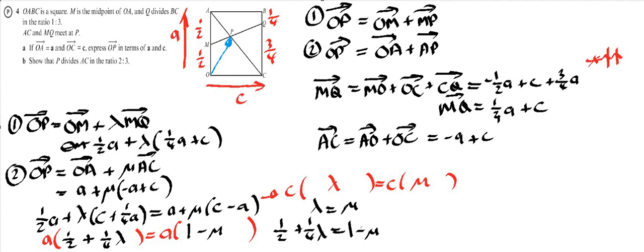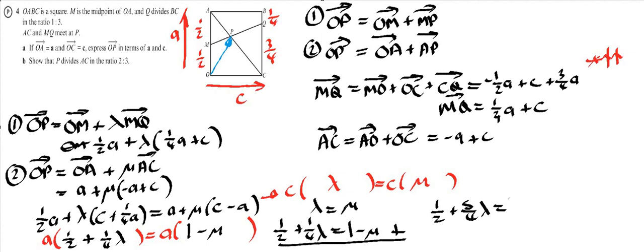Now I'll use the simultaneous equations. Remember, in simple simultaneous equations, if I add them together, mu and negative mu cancel each other out. So I'm going to add these two equations together. I've got a half, lambda plus another quarter lambda, and with your brilliant fractions, you know it's 5 over 4 lambda.